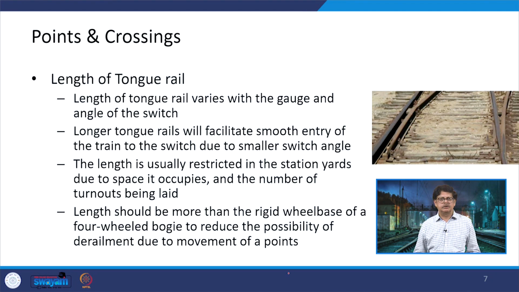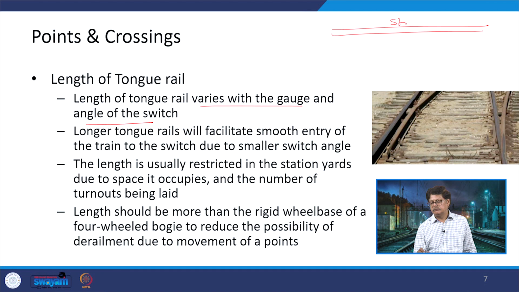Now, length of the tongue rail. The length of the tongue rail varies with the gauge and the angle of switch. So, when we are talking about this angle of switch, this was the stock rail, and here there is a heel, and from this heel we are operating a tongue rail.